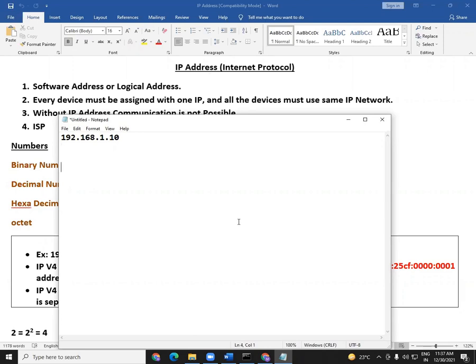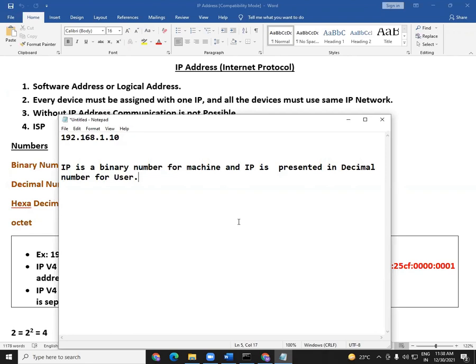Now the connection here is: IP is a binary number for a machine, and IP is presented in decimal number for a user.